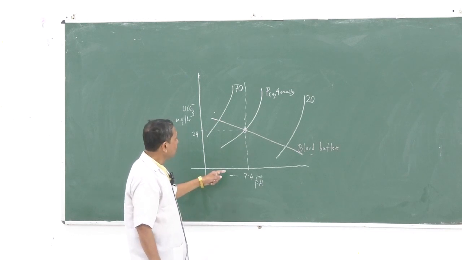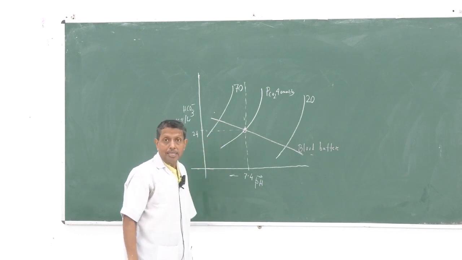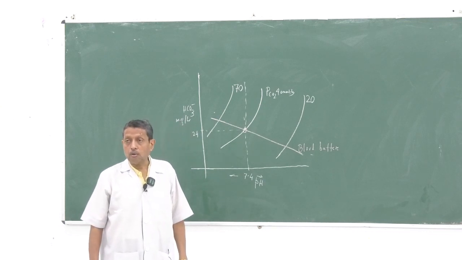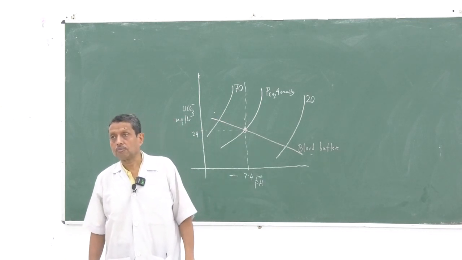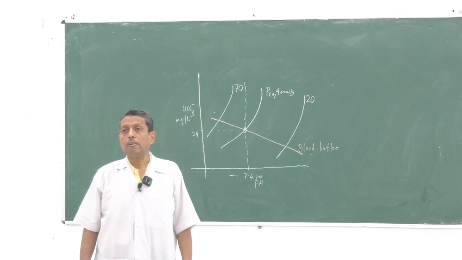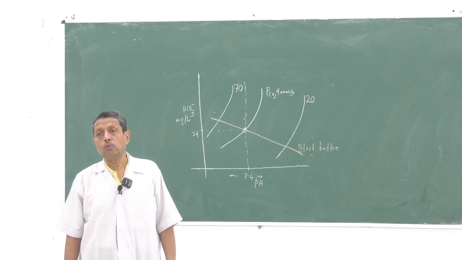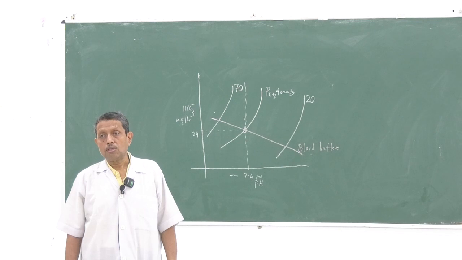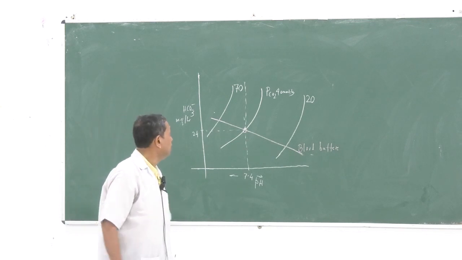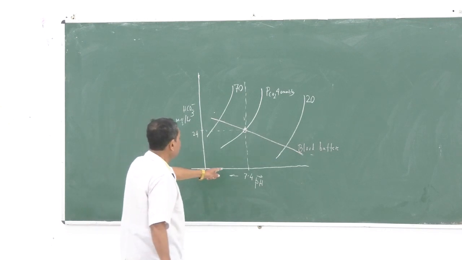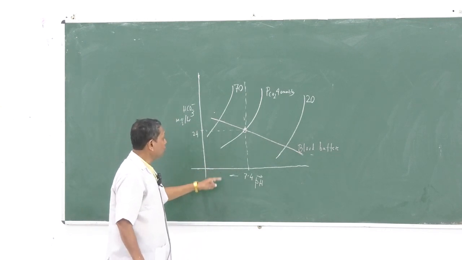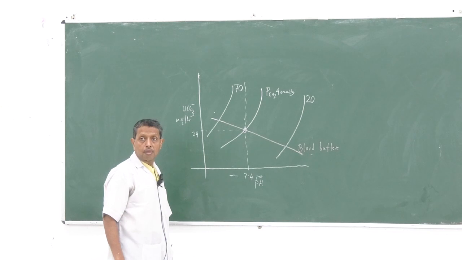And whenever there is hypoventilation, this alveolar ventilation is low, then carbon dioxide will accumulate, and PCO2 is more, and pH is also low in this case.